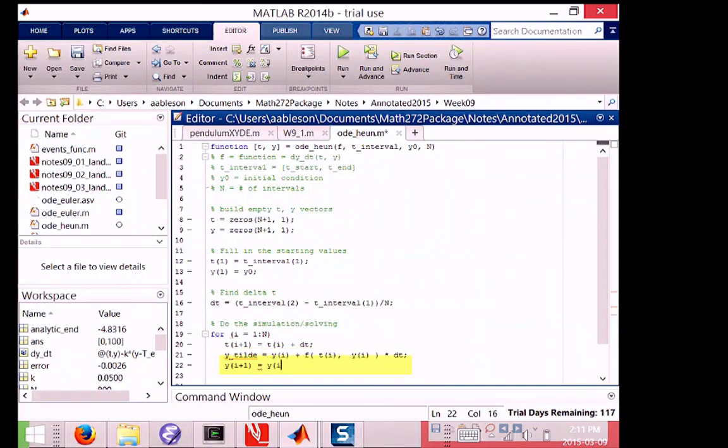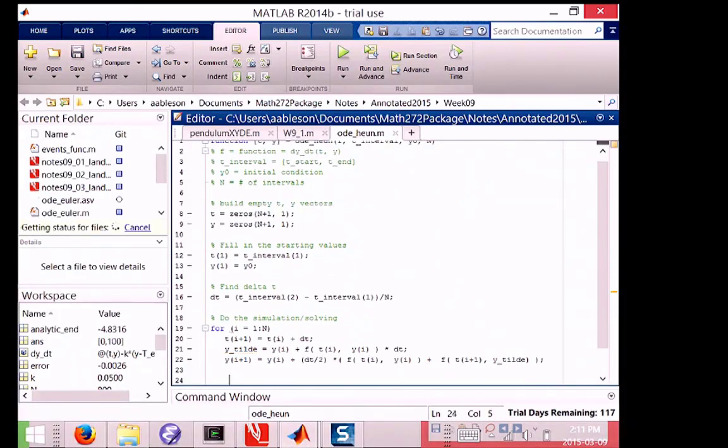And then the real new y is this over 2, delta t over 2 times f of the first slope, which is this guy, plus, we're dividing by 2, so it will be an average, but right now we're just adding these two things. T of i plus 1 and y tilde is the y value we use. Y tilde, close bracket, semicolon. There we go.